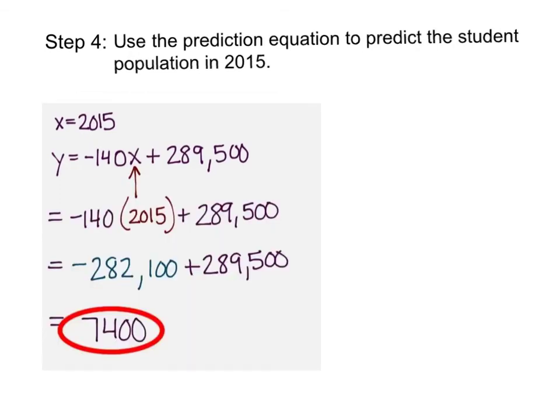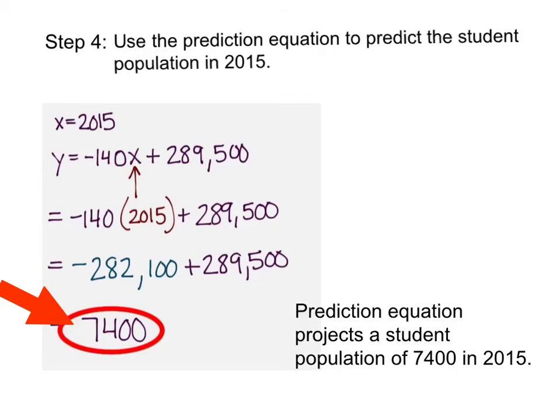Using the order of operations, I end up getting a negative value right here because we're multiplying by that negative 140. And when I take that negative value and add it to 289,500, I end up getting a projected student population of 7,400. What this means is that my prediction equation has projected the student population to be 7,400 in the year 2015.